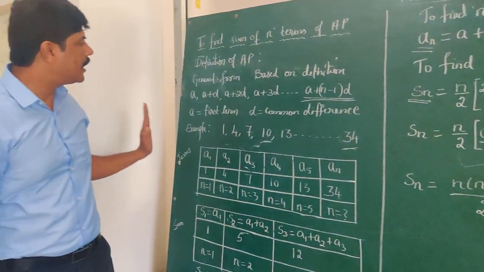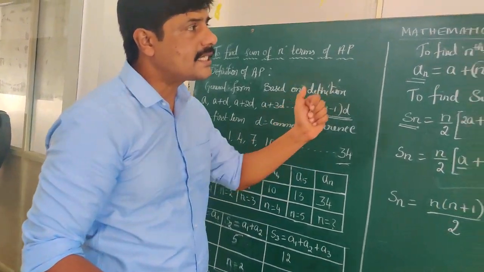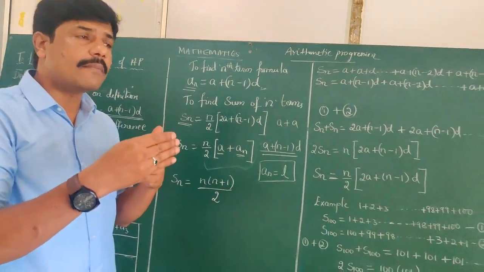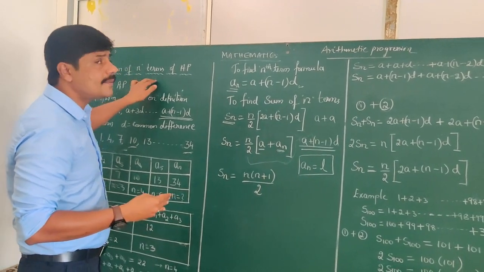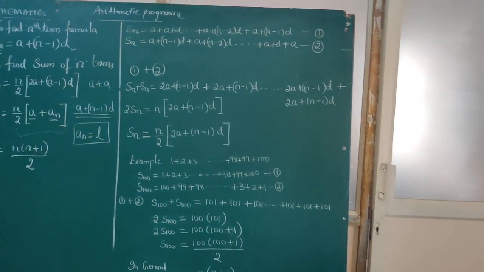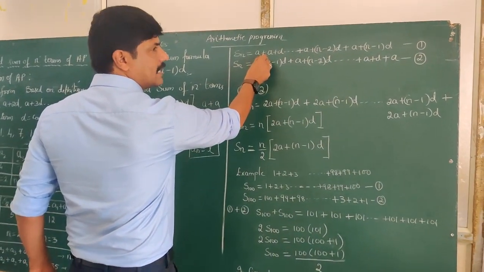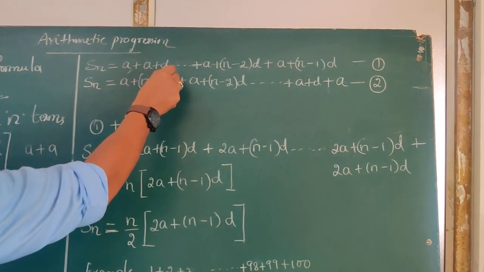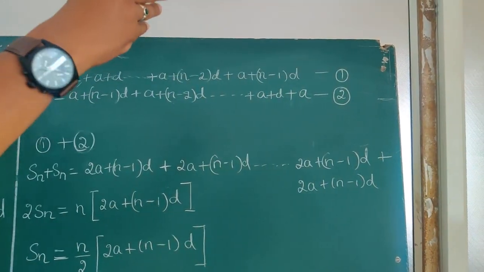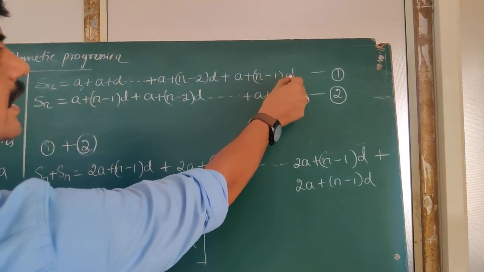Understand, children? Now see, these are the terms, but S means sum. Sum of n terms of AP means add all the terms of the general form of AP. If you add, it becomes a plus d plus a plus 2d, and so on. The last term is a plus n minus 1 into d.